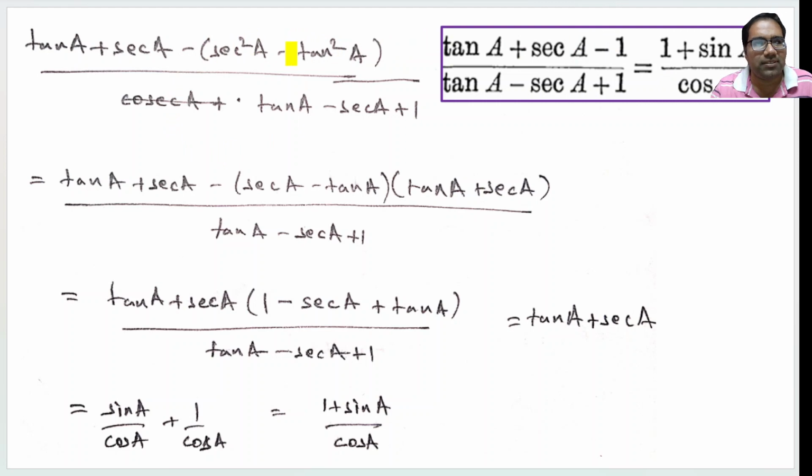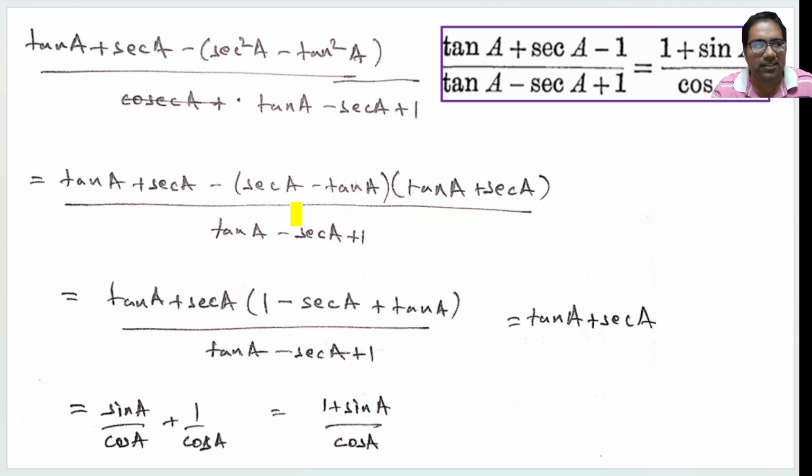So then this becomes (sec a minus tan a) into (sec a plus tan a). Now we have tan a plus sec a here and tan a plus sec a here also. Let's take that common. So this becomes (tan a plus sec a) into (1 minus sec a plus tan a). Please note the signs. Please be careful here.